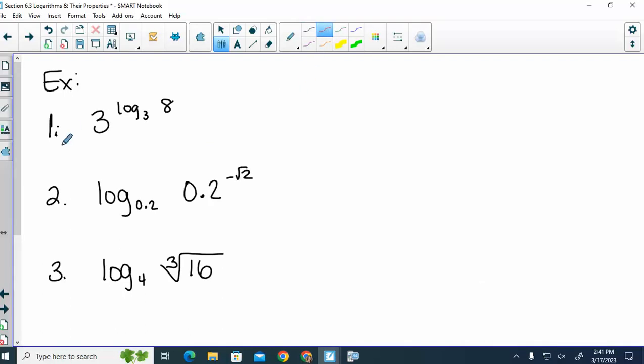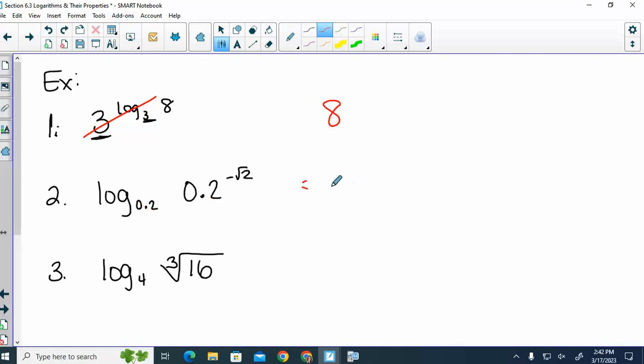If you realize the base of the exponential and the base of the log are the same, those can cancel and give you 8. This one, I saw two different approaches when I walked around. Some of you recognized these bases were the same, so they cancel and just give you the negative radical 2.